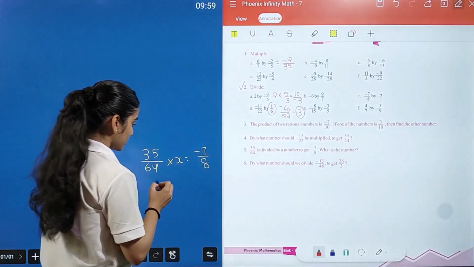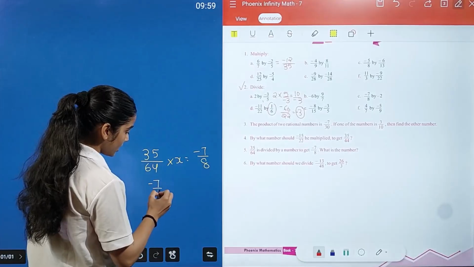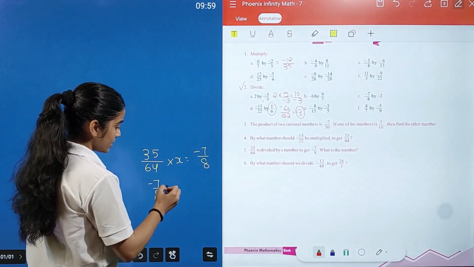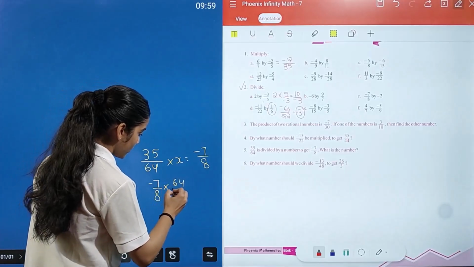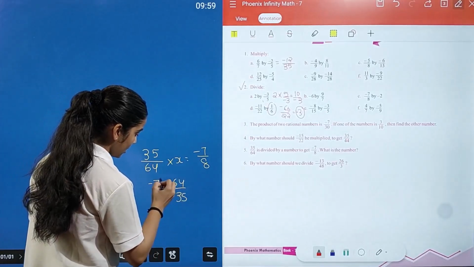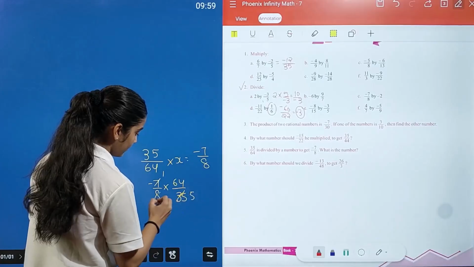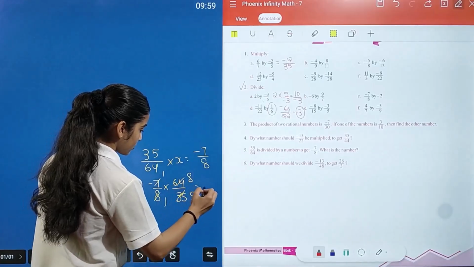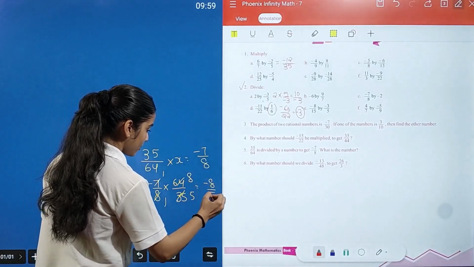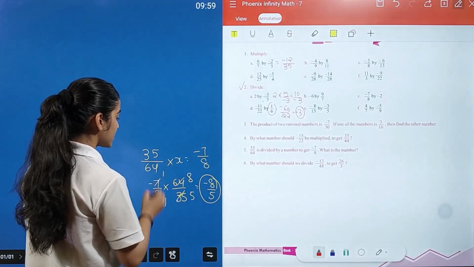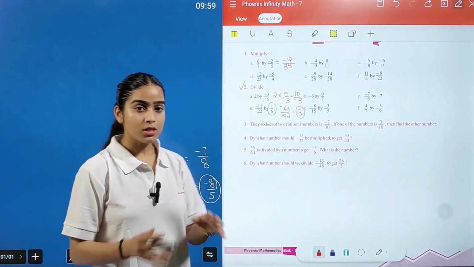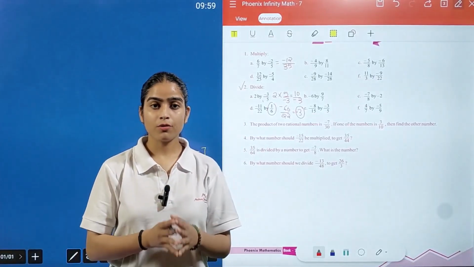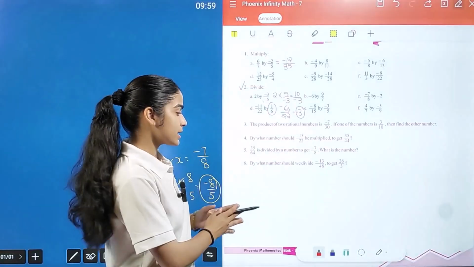So in this case, for minus 7 by 8, the reciprocal of 35 upon 64 is 64 upon 35. 1, 5, 1, 8. So the number is minus 8 upon 5. This is the number which divides 35 upon 64 to get minus 7 by 8. In the same way, you can do the rest of the questions left by me in this exercise.